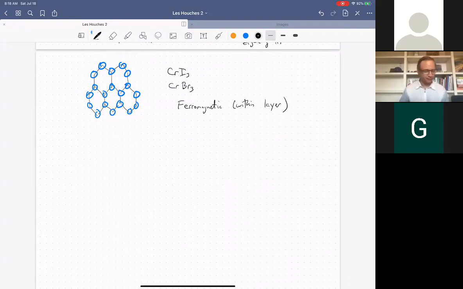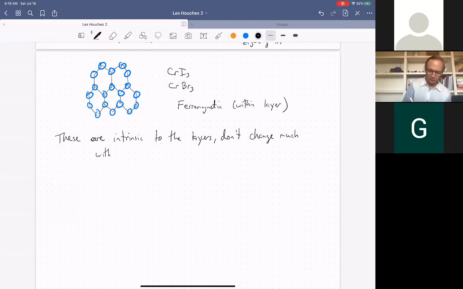So these are all intrinsic orders. They don't change much with thickness, although, for example, the critical temperature may vary somewhat as you change the number of layers.